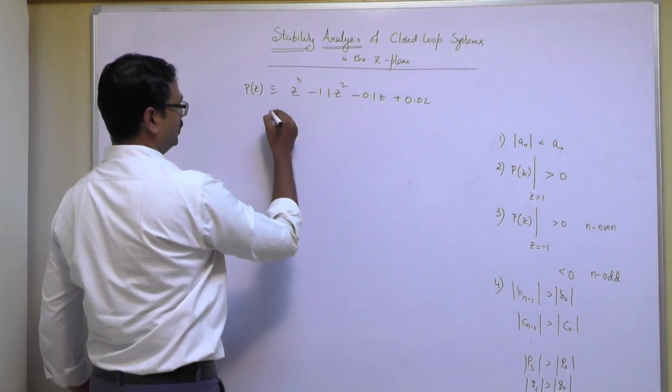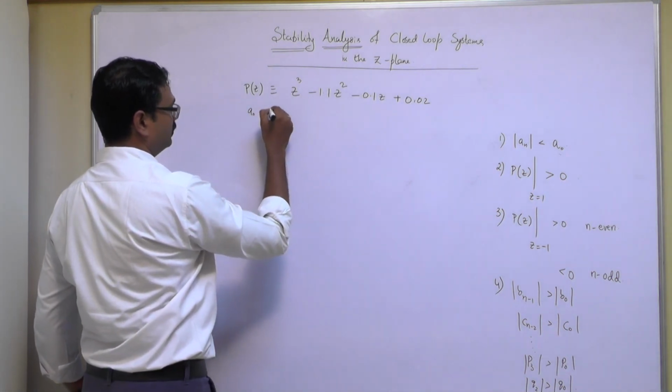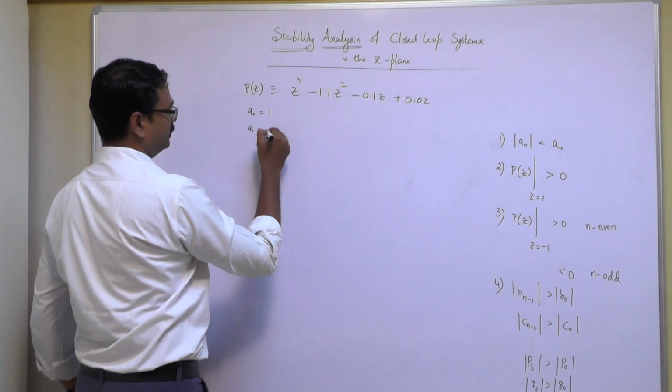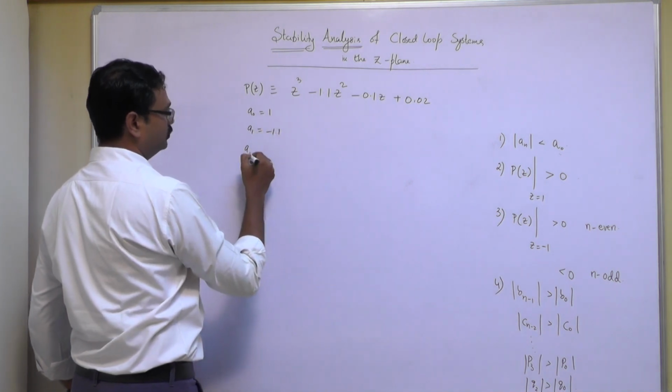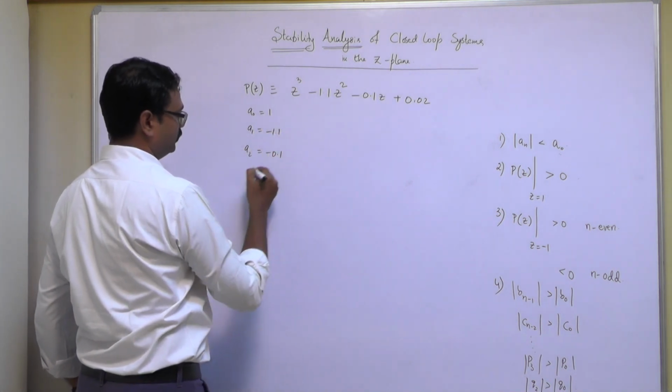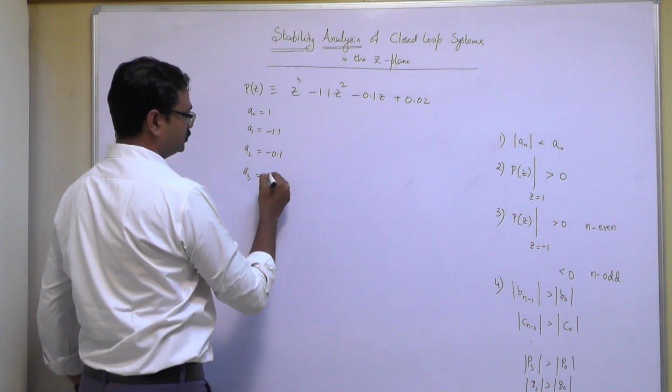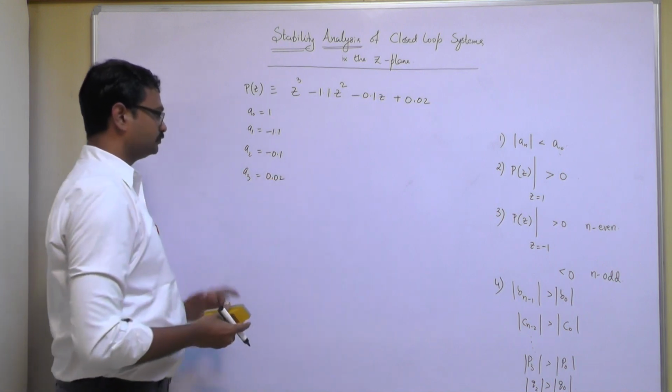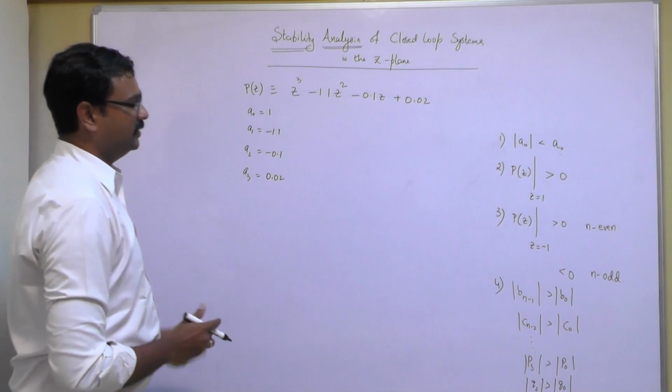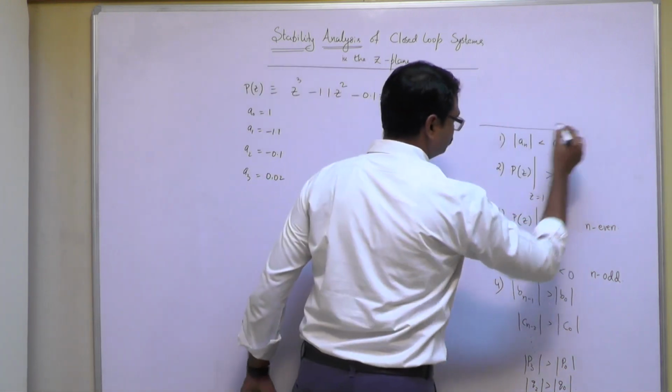Now this is a0. What is a0 for us? 1. a1 is minus 1.1, a2 is minus 0.1, a3 is 0.02. And what is the stability condition here?